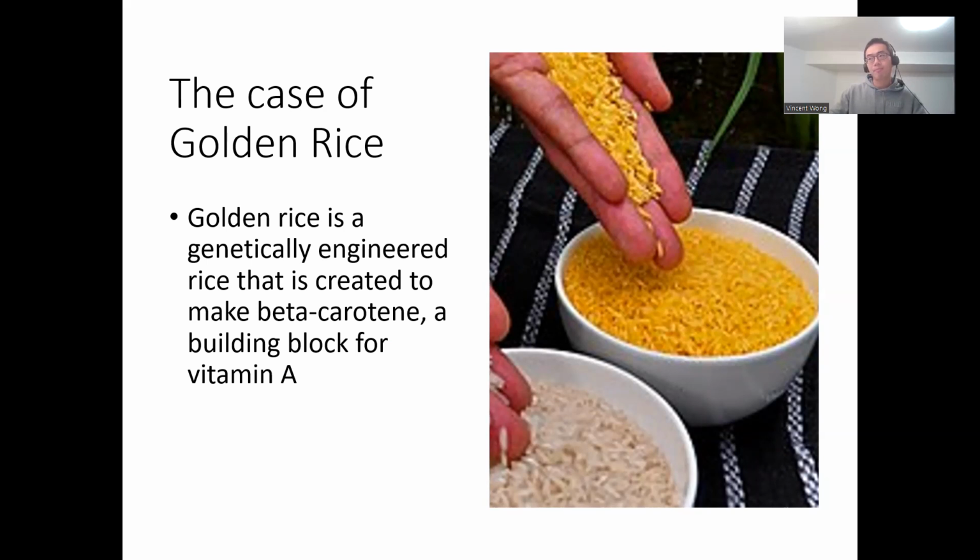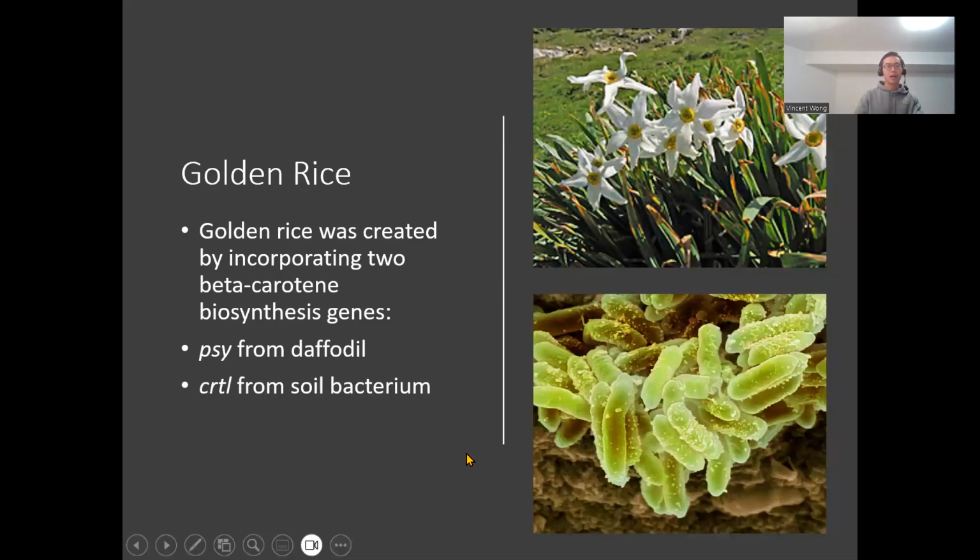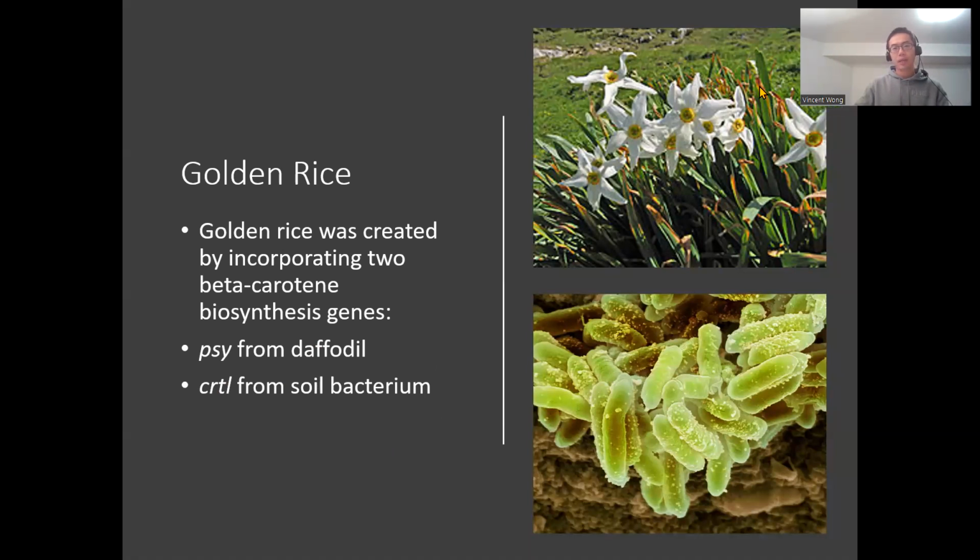But rice on its own does not naturally produce beta carotene. That's why it's a recombinant product. To do that, they have to take one gene from daffodils. Daffodil is this kind of flower right here. The gene they took is called Psy. You don't have to memorize that.